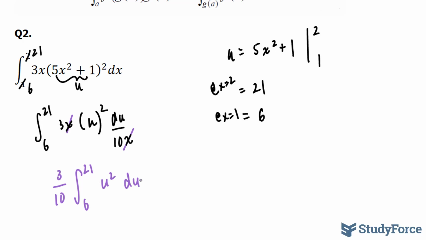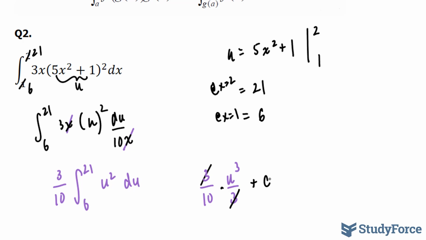And the next thing I'll do is find the antiderivative of u to the power of 2, and we already did that above. It was u to the power of 3 over 3, and we ended up with 3 over 10 u to the power of 3 over 3. These two 3's canceled out, and we have plus c.